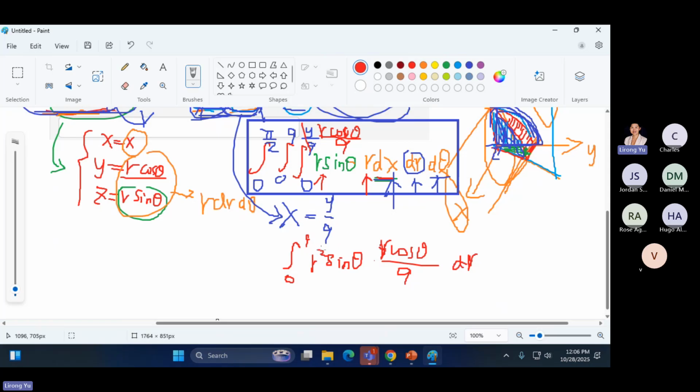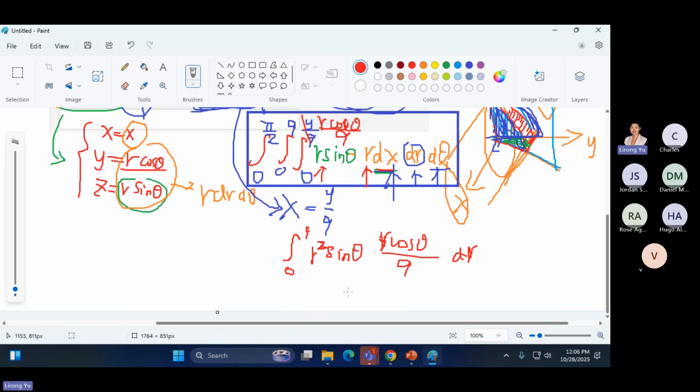Integrating r squared with another r, we have to integrate r cubed. Integration of r cubed dr is r to the fourth power over 4, evaluated from 0 to 9. So dr ends up giving you 9 to the fourth power over 4. That finishes the dr, without the integration for theta.